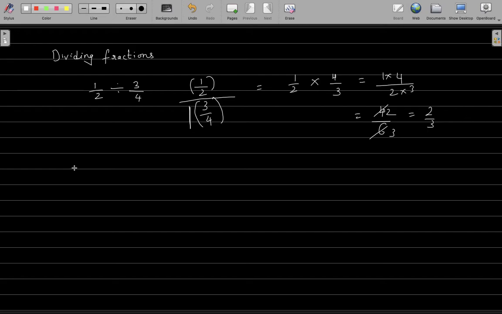Suppose I have two fractions, 1 by 8, and I want to divide it by 1 by 2. How are we going to do this? We write 1 by 8, in place of division write multiplication, and write the reciprocal of the second fraction, which is 2 by 1. Now if you simplify this, 2 times 1 is 2, 2 times 4 is 8. So your new fraction is 1 by 4.